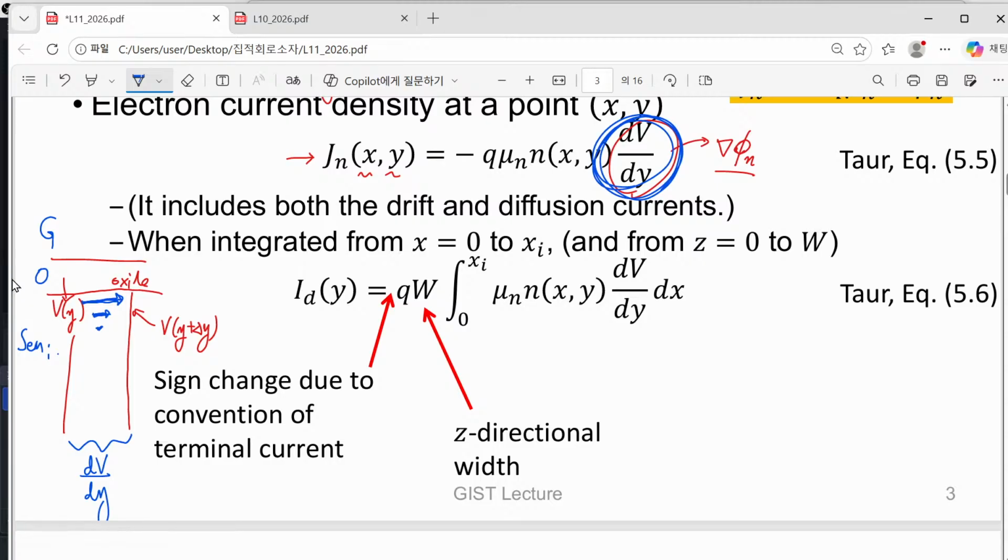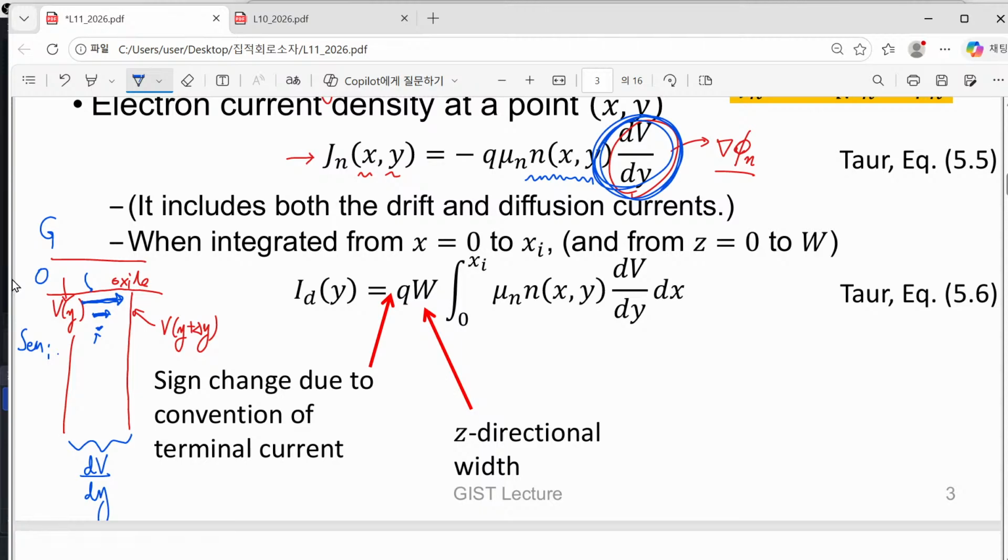We share this form, dV over dy, but why do we have vertical dependence of this current density? It is simply because we also have n dependence. Although they have the same driving force, we don't have many electrons here to carry the current. But at the interface, we have tons of electrons, and they can move charge quite efficiently.